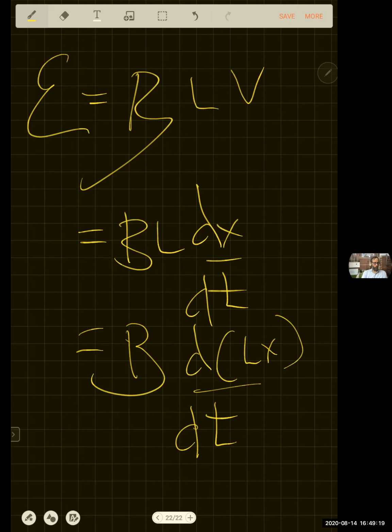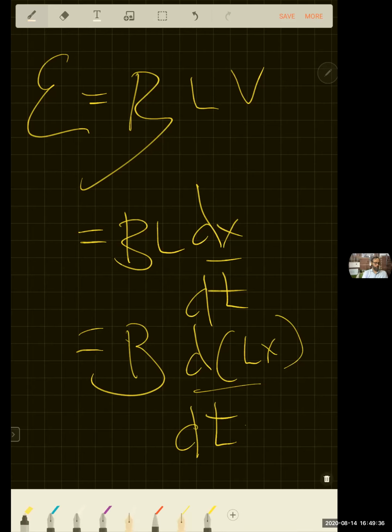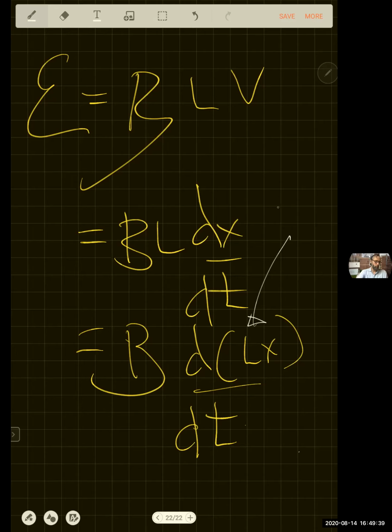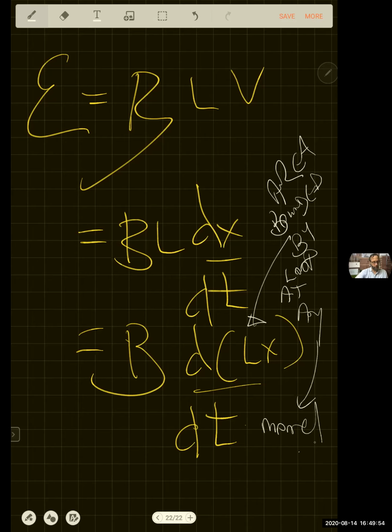So at any given point in time, at any moment of time t, L times X is a length times a width, so to speak.